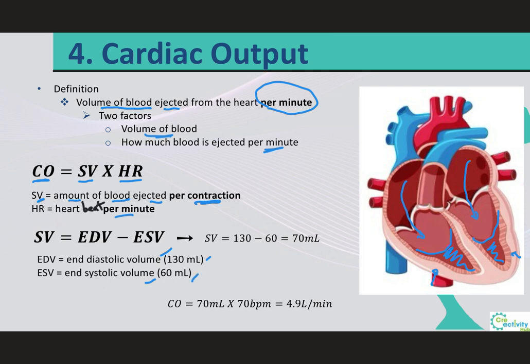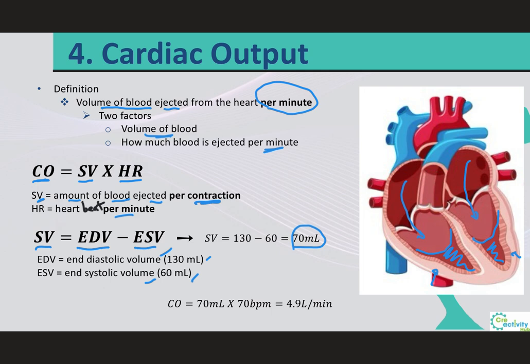So the end diastolic volume, or EDV, and the end systolic volume, or ESV. Therefore, we can say that the stroke volume is going to be the end diastolic volume minus the end systolic volume, which in this case, on average, is usually 70 mLs.